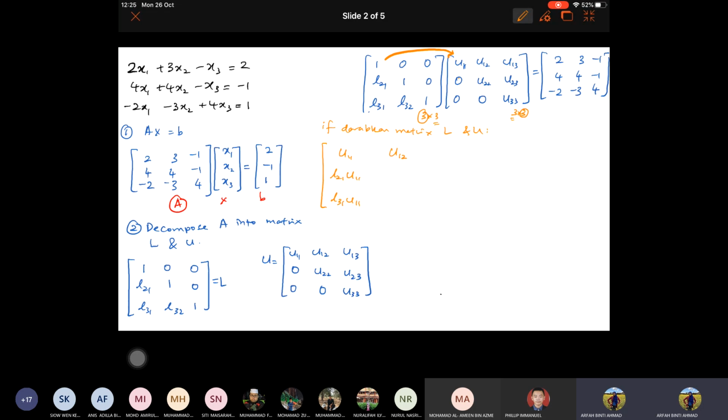The second row lagi L21 darab U12 tambah U22 tambah 0. So dapat L21 darab U12 tambah U22. Itu dekat entry second row and second column. And third row and third column, kalau kita expand L31 darab U12 tambah L32 darab U22.